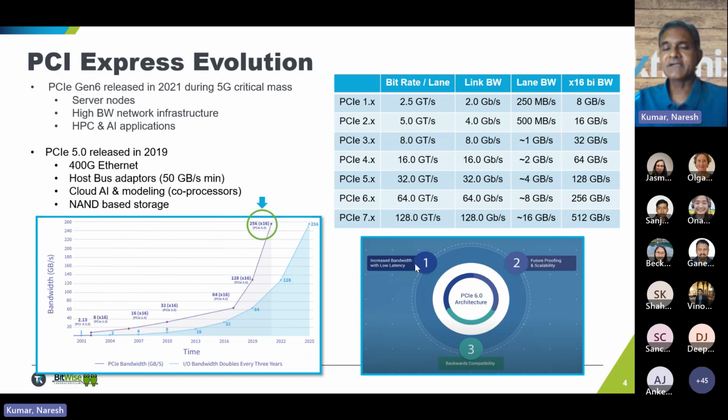Obviously, as we are going to higher data rates, we will see lower and lower voltage swing between low and high, between 0 and 1. And as designers, you're very keen on making sure that you implement using the highest data rates possible.